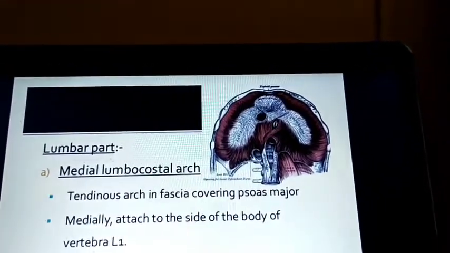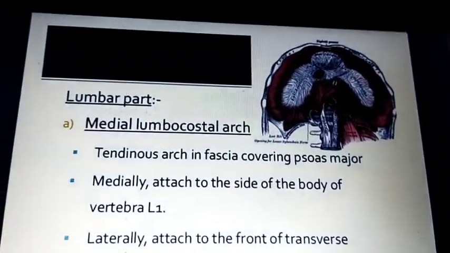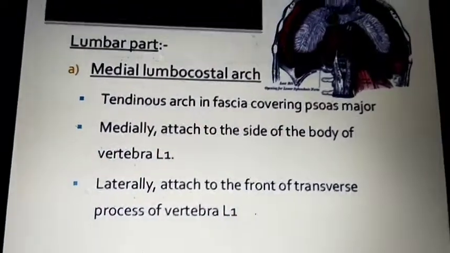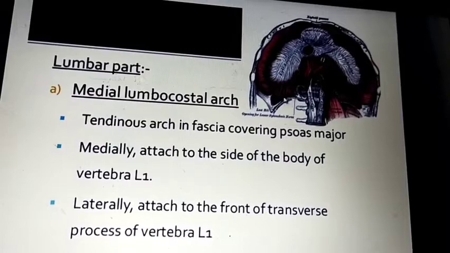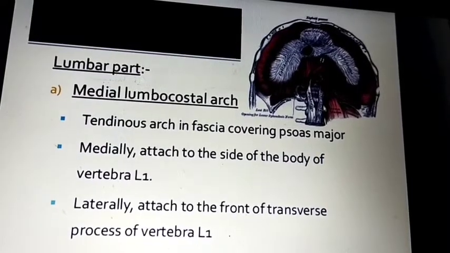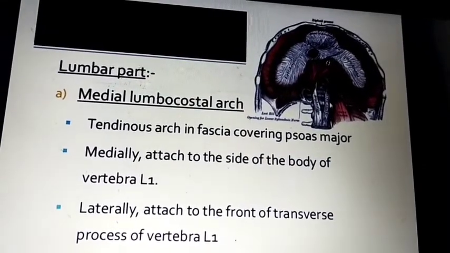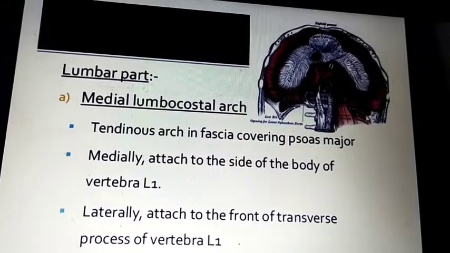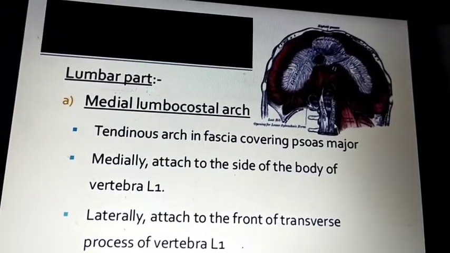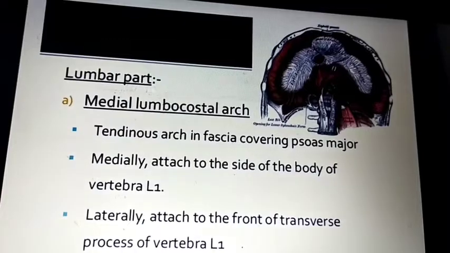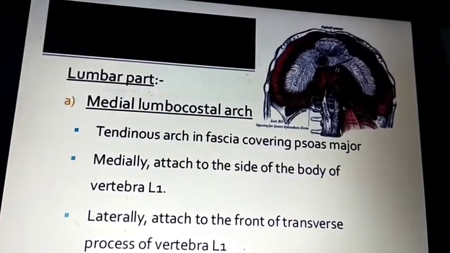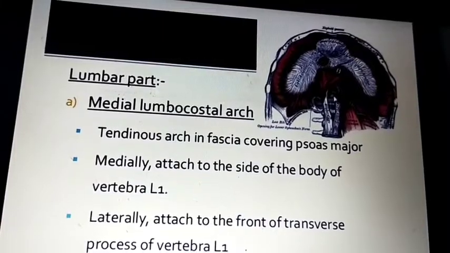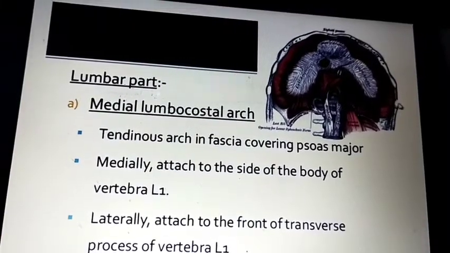One is the medial lumbocostal arch. You can see here some arches. This arch is formed because of the psoas major muscle, and it is present on the medial side. This is the lumbar region, and these are the ribs.